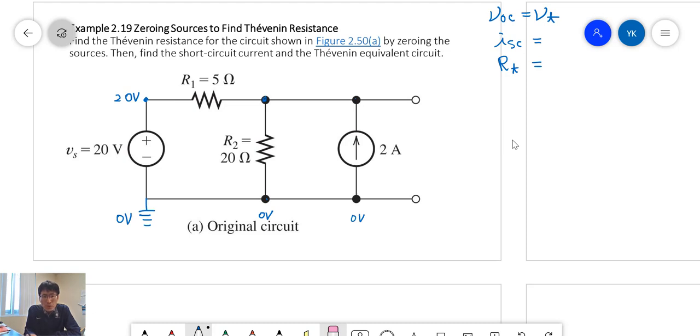So we have V1 node voltage and V2 node voltage, and then we need to specify currents. Current coming out in this direction we call I1, going down is I2, and this one coming in is I3.